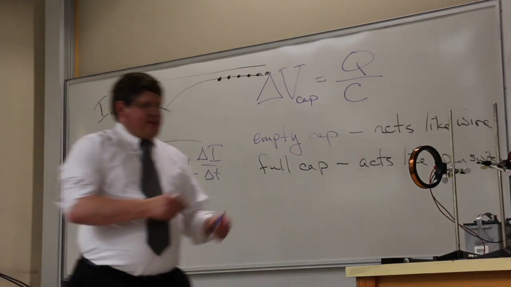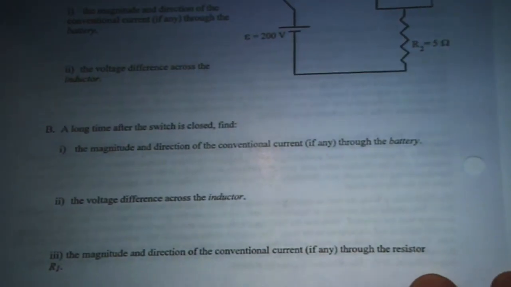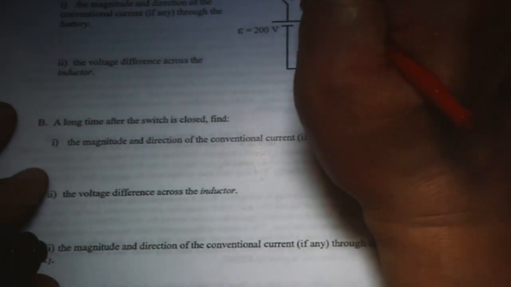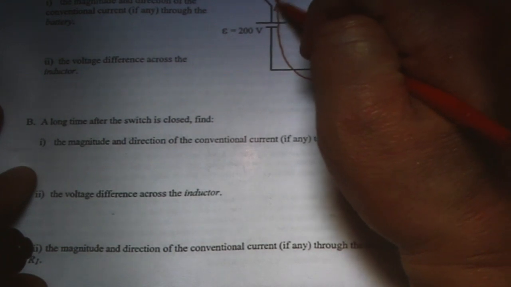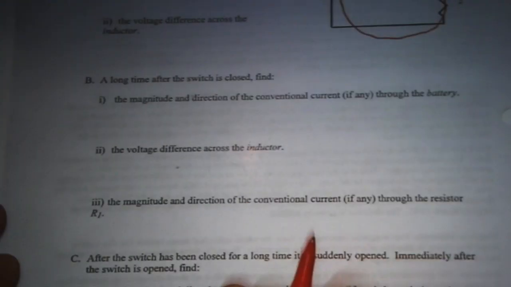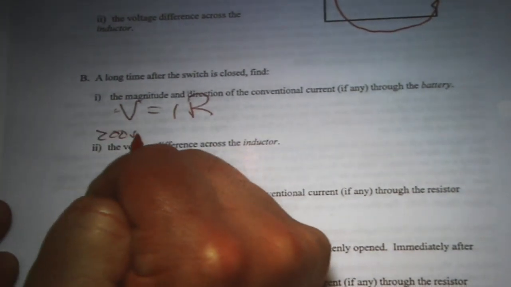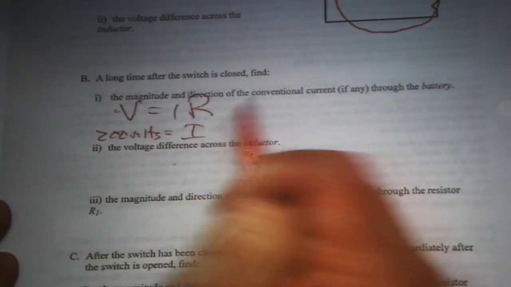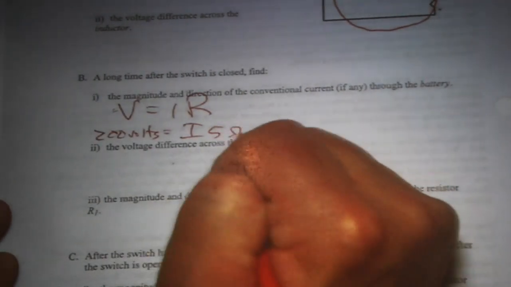Now, if that is a wire, where's the current going to go? Is it going to go through R1 or through that wire? Through the wire. That means R1 is shorted out. That means all the current's going to go through the inductor, through R2, and back around. If I use V equals IR, now I've got 200 volts pushing current through, it's just going through R2, 5 ohms.